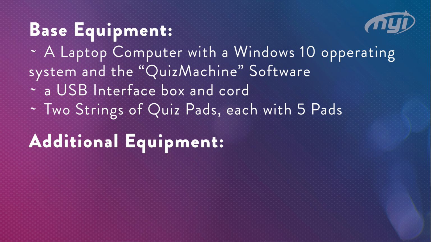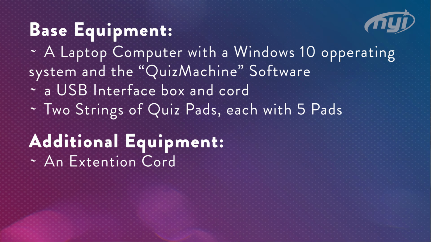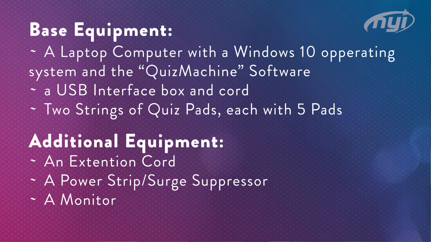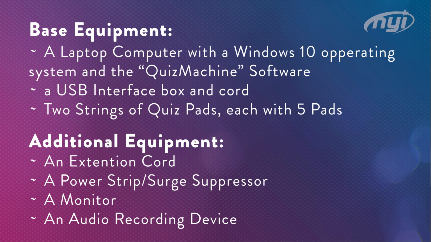Additional equipment might include an extension cord, a power strip/surge suppressor, a monitor, and an audio recording device. Once these items have been purchased, downloaded, and received, it is important to know how to use this technology and properly care for it to ensure the longevity of this investment.